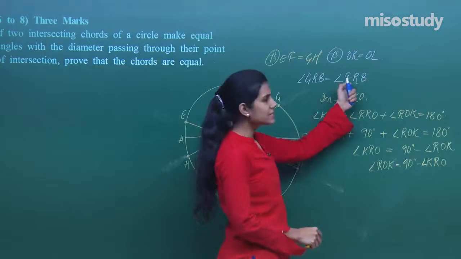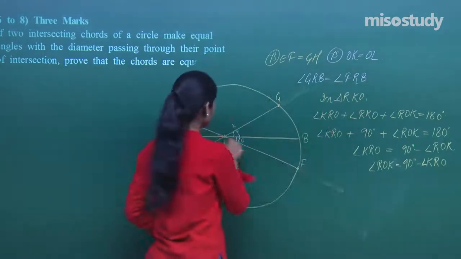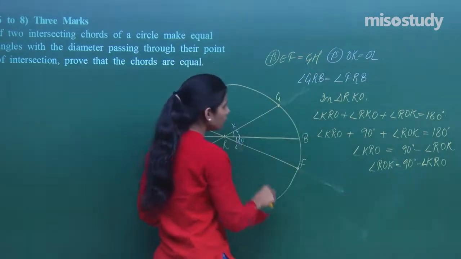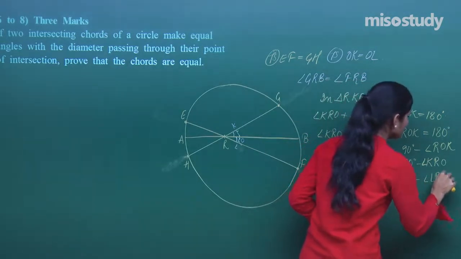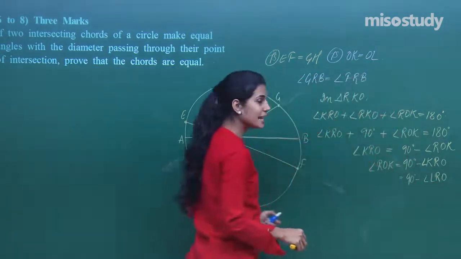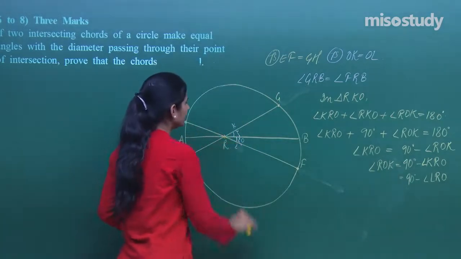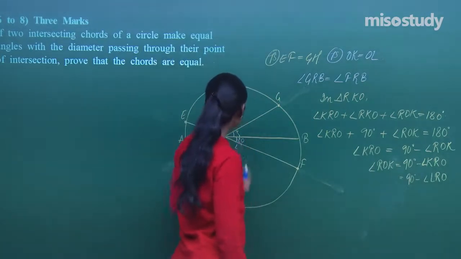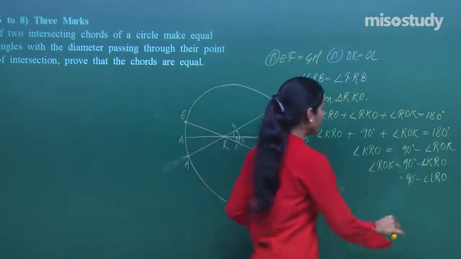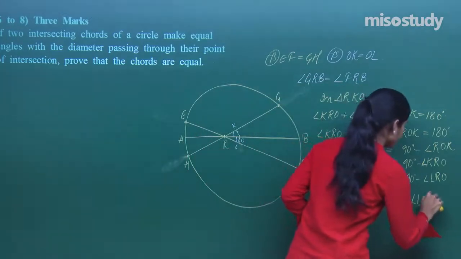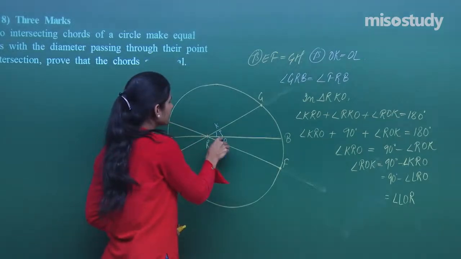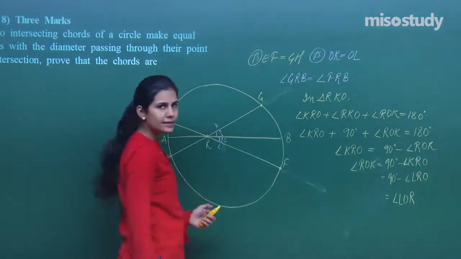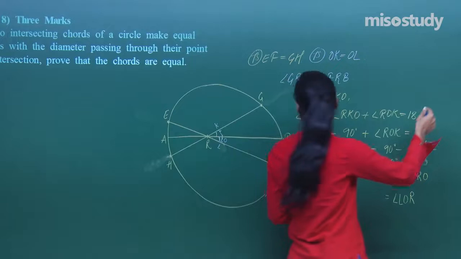Angle GRB is the same as angle FRB, which is the same as angle LRO. So this is the same as 90 minus angle LRO. What is 90 minus angle LRO? It is equal to angle LOR, by the exact same argument, because LRO plus RLO plus LOR is 180. Let me do that with you.